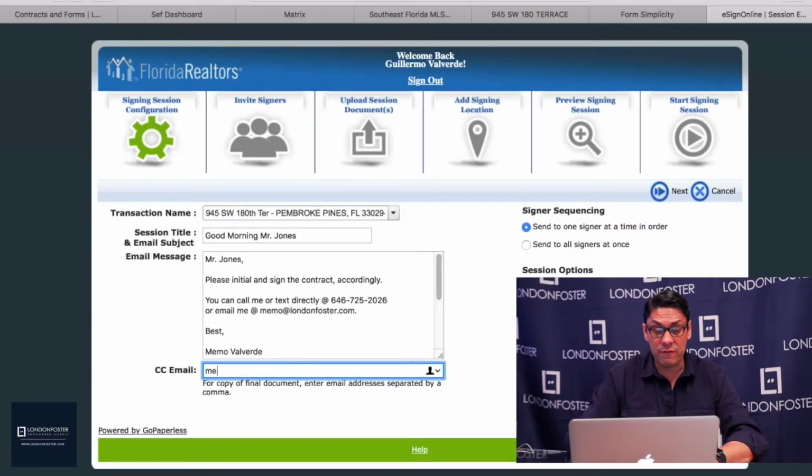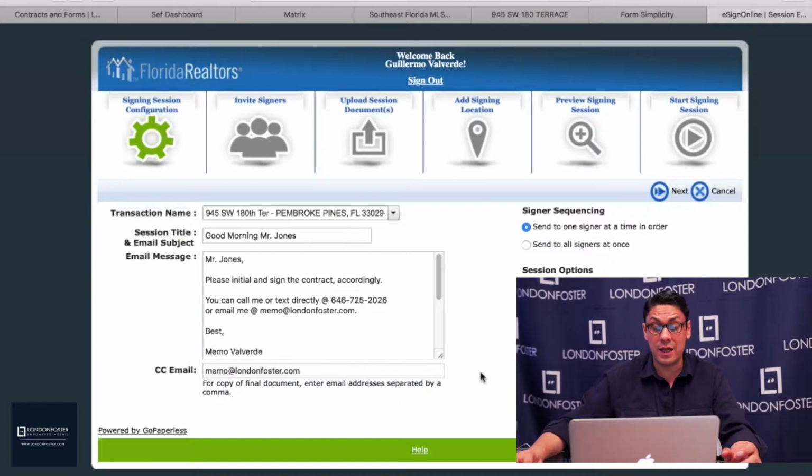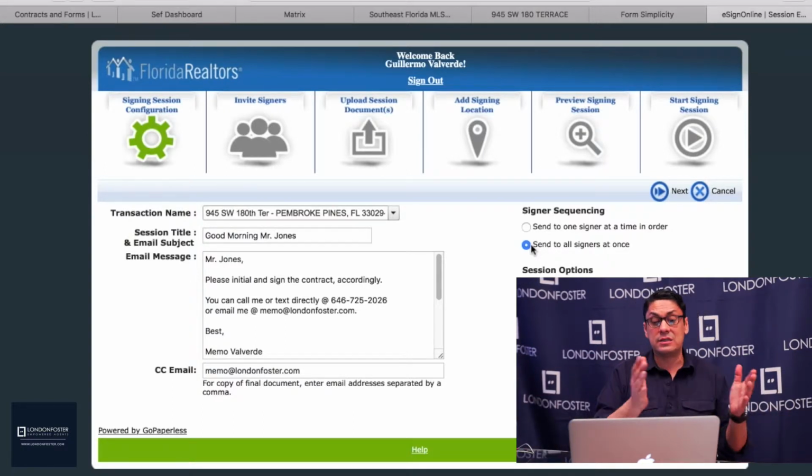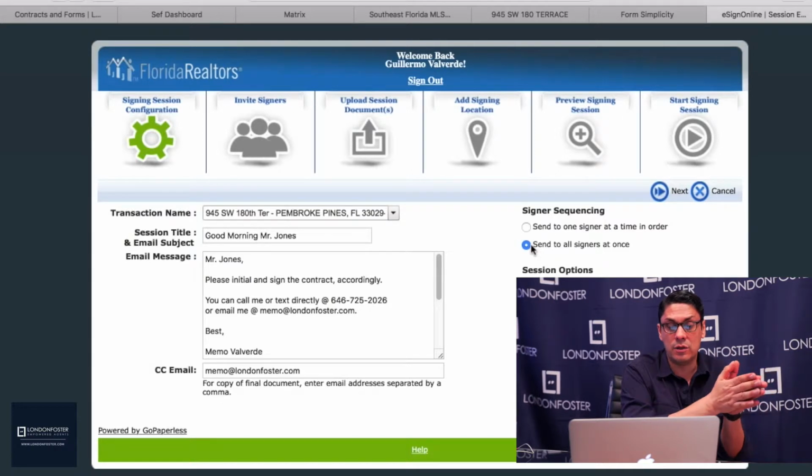Here it's going to ask me if, when everything is executed, do I want a final copy? I'm going to say yes, go ahead and email that to me. Or you can put in the name of the owner so that the owner gets it. You want to make sure that everybody is sent this at once, so you can do it one at a time. In this instance, it's a listing agreement, and I think it's for two people that we created it.